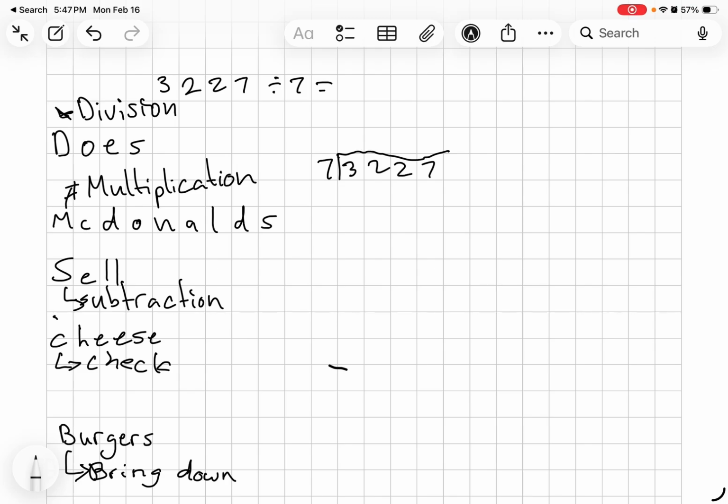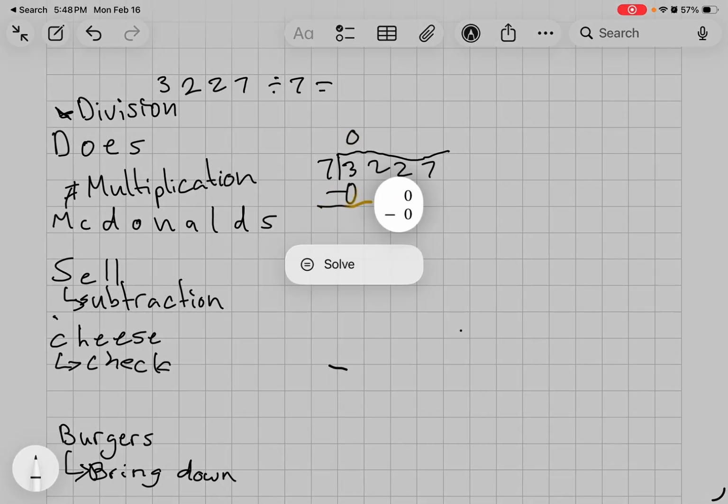Well, that cannot happen. So we put 0. Then we do multiplication. We multiply 0 and 7 to get 0.